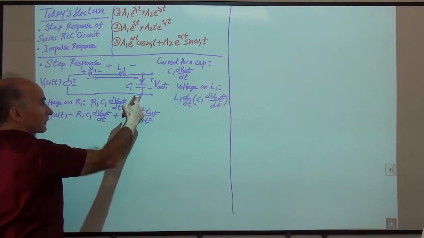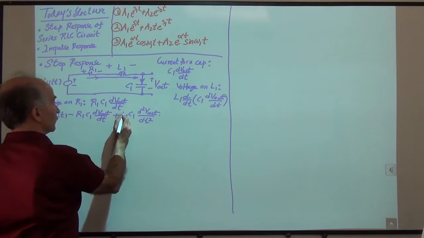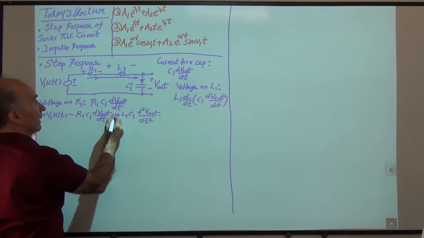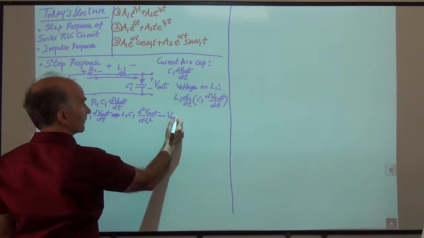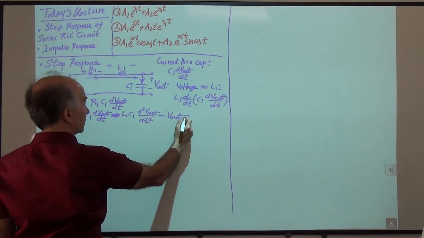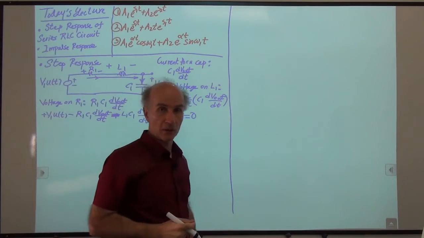And then finally the voltage across the cap, going from high potential to low potential. This should be negative, and then minus V out, and that goes back to the original point, so the result is 0.